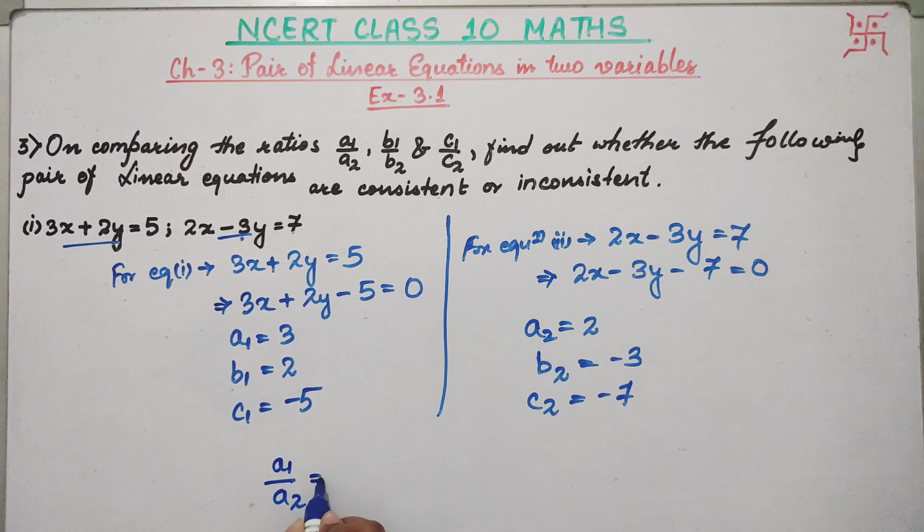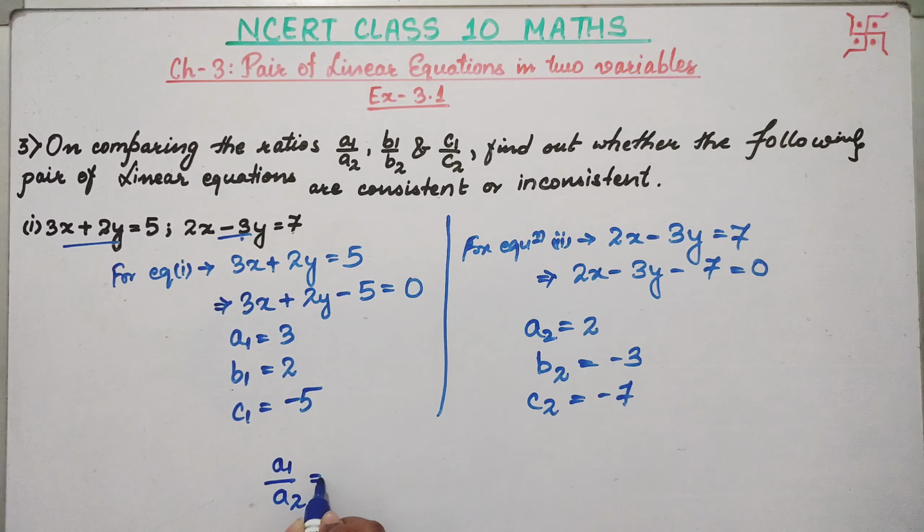If a1 by a2 is not equals to b1 by b2, then they intersect at a point. Hence, these lines are consistent pair of lines. Therefore, these lines are consistent pair of lines. Let's move to question number 2.